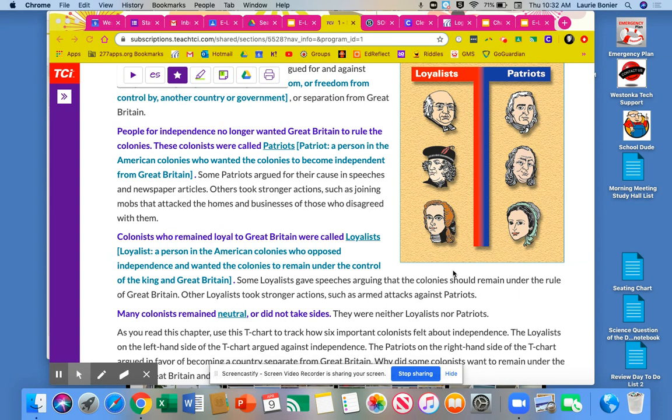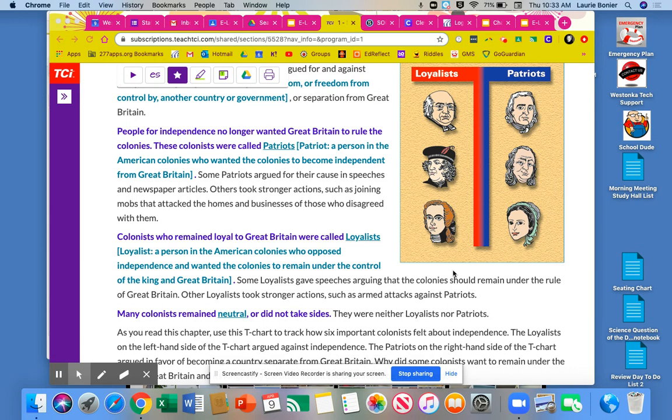Now, you had people on both sides of that argument. You had patriots who agreed that the colonies should no longer be ruled by Great Britain. They felt like they were able to rule themselves and that they could make a good country for themselves. Now, patriots would try and spread their views to other colonists by arguing their causes in speeches or newspaper articles.